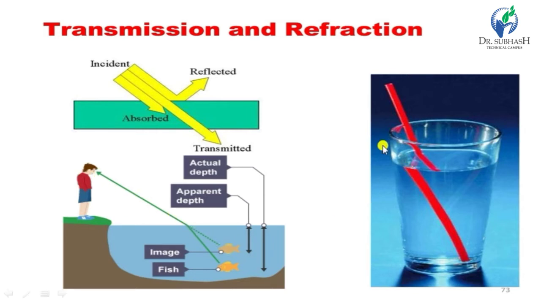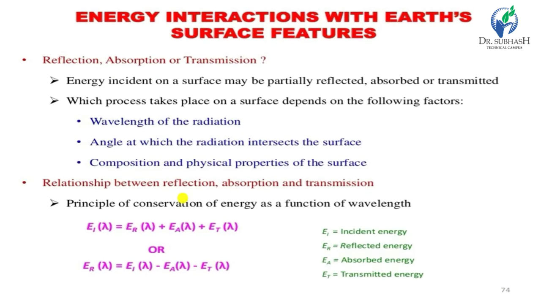Another example is glass. We see that a tube is under the glass but appears cut from here. Why? Because some of the energy is transmitted through it and some of the energy is reflected that way. So we can see the difference between transmission and reflection.